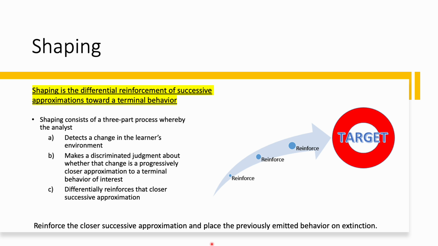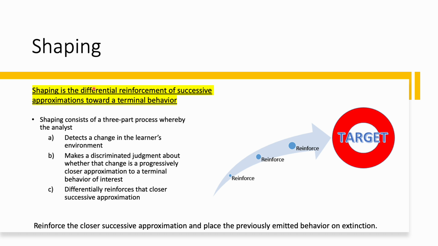So essentially what we do is over time, right? Once the dog acquires a particular skill and that particular skill has been reinforced, we move on to the next step in the ladder. And we don't want to reinforce the previous behavior anymore. We want to only provide reinforcement for the more advanced behavior that we're trying to teach. So this is why it says shaping is the differential reinforcement of successive approximations toward a terminal behavior.